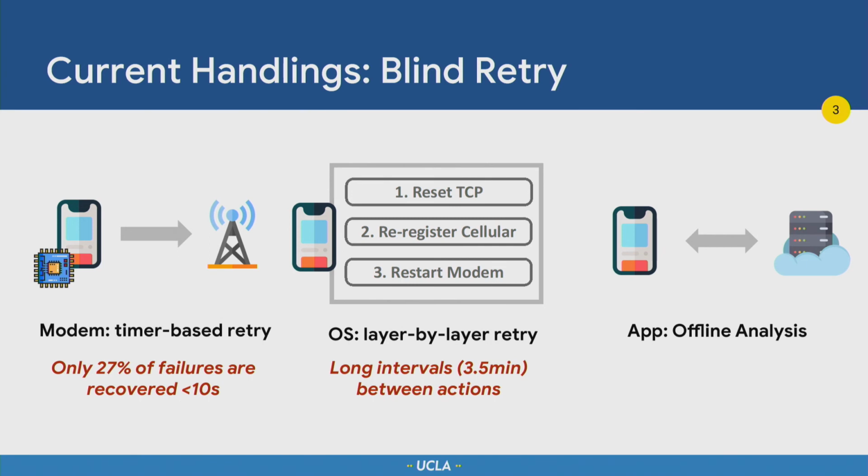However, the major issue is that when the failure happens, the data plane has been broken, and basically you cannot send any traffic from the device to the network or the reverse. So as we can see, although the servers potentially get some clues about the failure, they cannot notify the UEs about what has happened, and then the UE cannot get the instructions to perform the recovery.